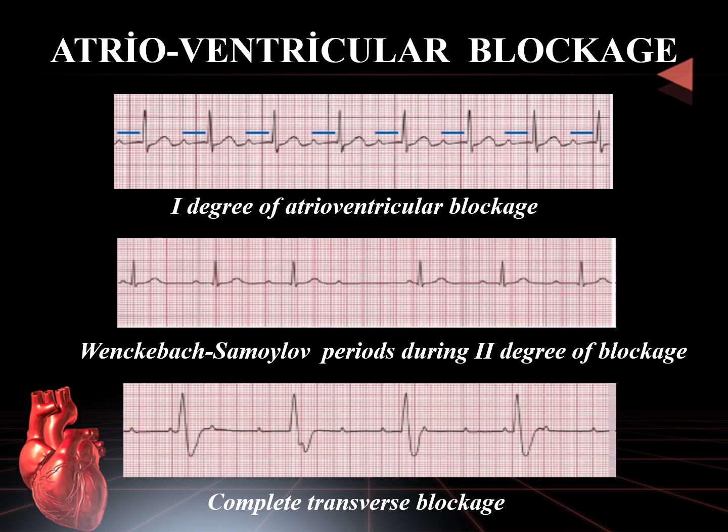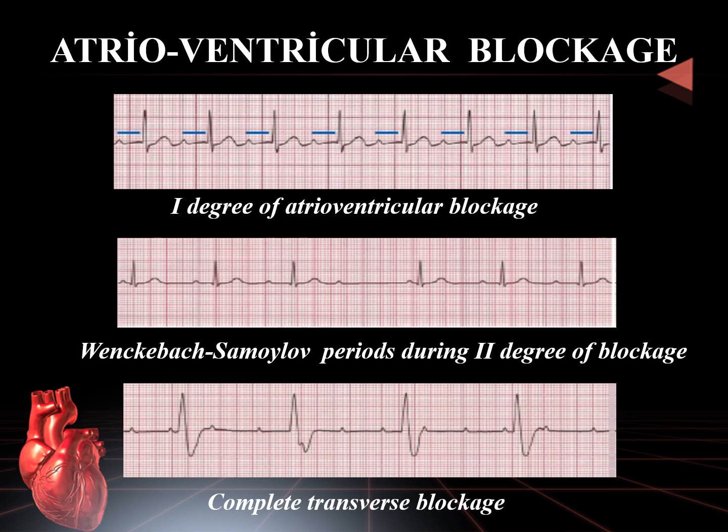And there are two types of transverse blockade of the second degree, Mobitz 1 and Mobitz 2. In Mobitz 1, progressive prolongation of the PQ interval on the ECG is observed until one ventricular QRS complex falls out. Then the duration of the PQ interval returns to normal and gradually begins to prolong again.